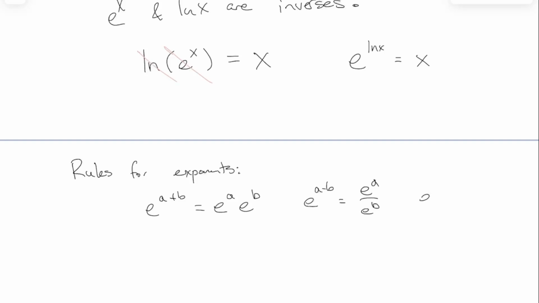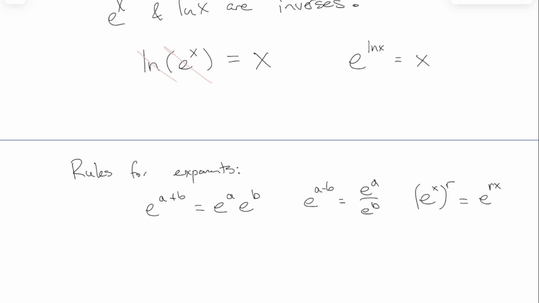And then another important one is something like this: e to the x, to the power r. Anyone remember how to handle that? Yeah? You're just multiplying them? Yeah, you just multiply. So this becomes e to the rx, all right?